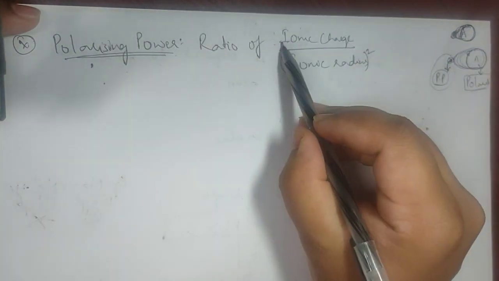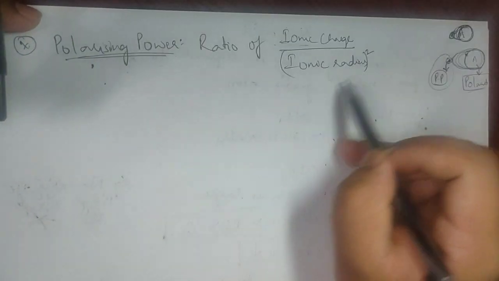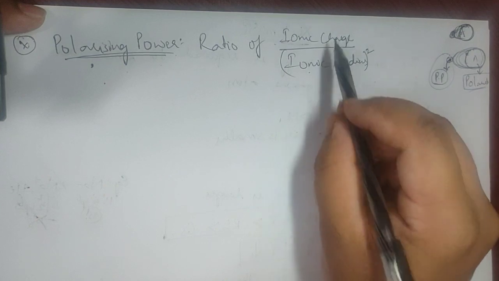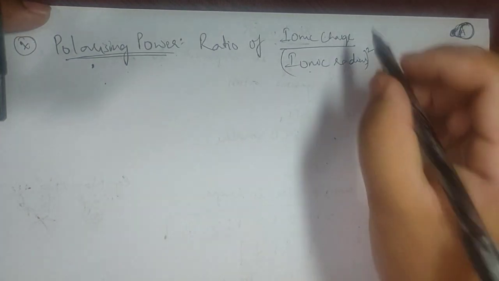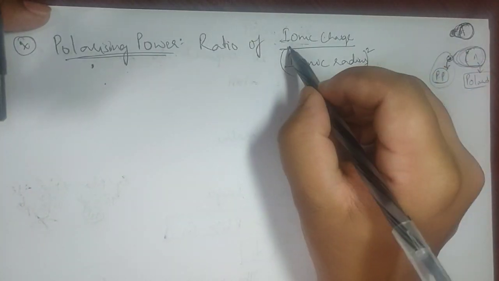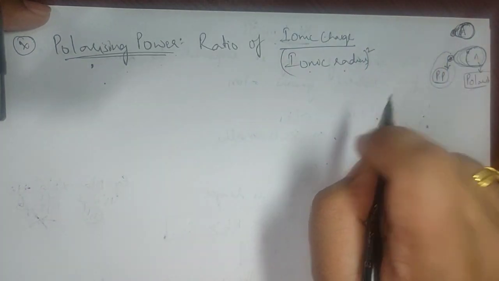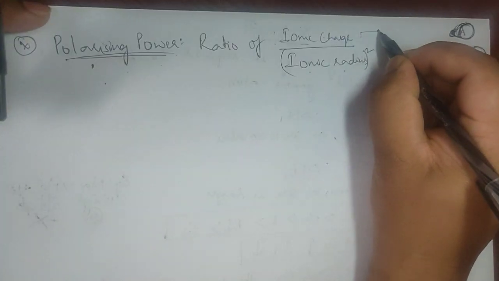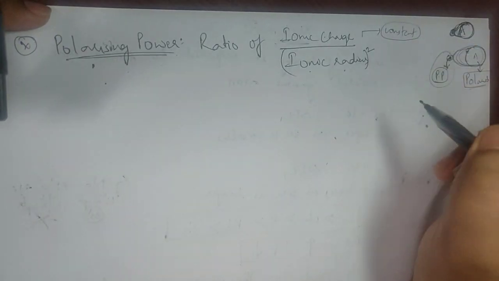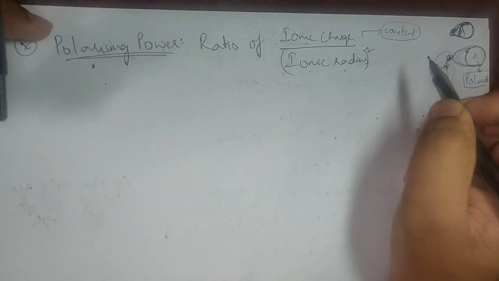One is the ionic charge, the charge on the cation, and it is inversely proportional to the square of the ionic radius. Now, for the alkali metals, all of them have what charge? Plus 1. So this is constant for a given group. For the first group elements, the ionic charge is constant, always plus 1.